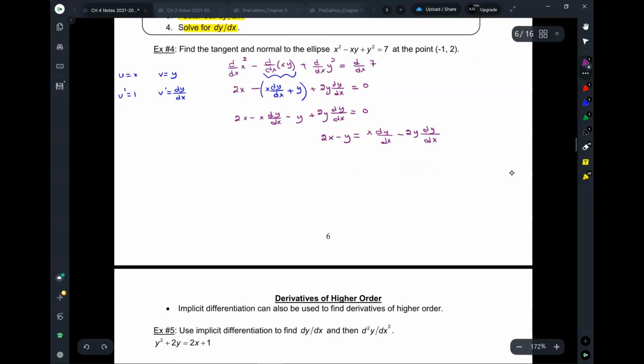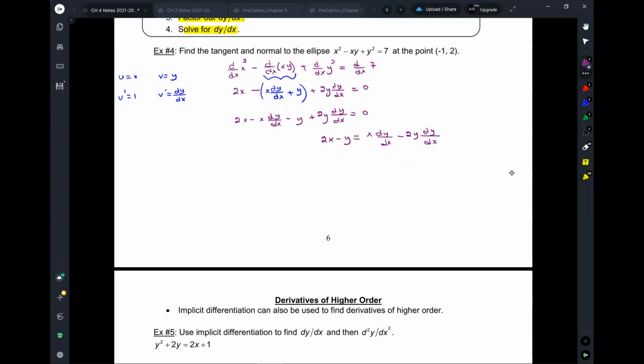Okay? So this is 2x minus y equal to, factor out a dy dx, and you get x minus 2y. And then dy dx, that's not a tongue twister at all, is 2x minus y over x minus 2y.